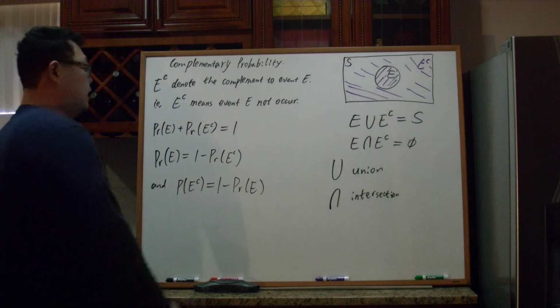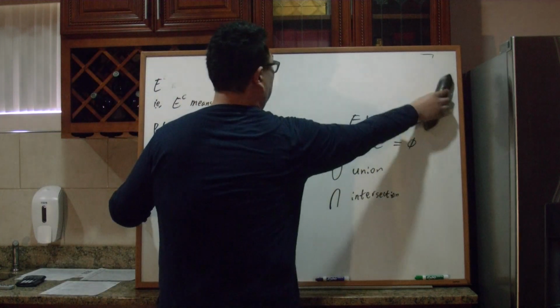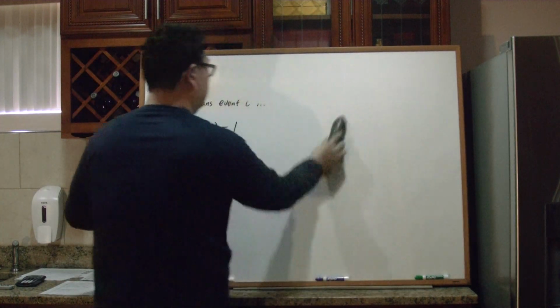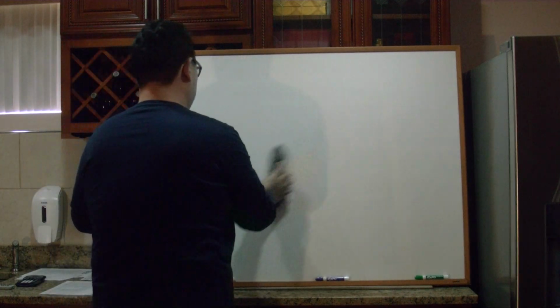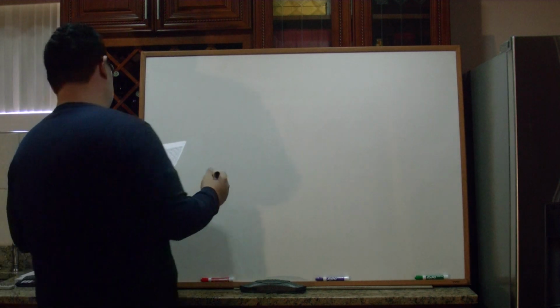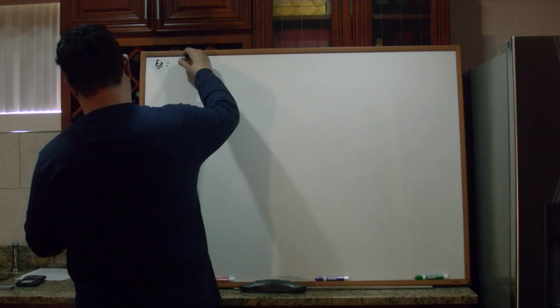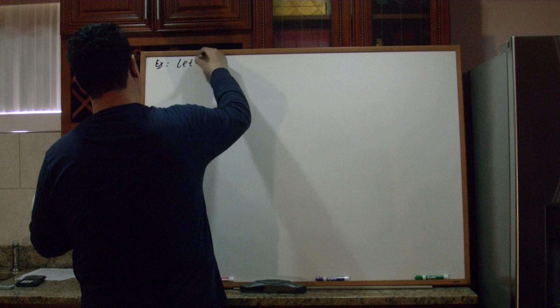Well, let's see some examples. This is an aid to help us find the probability. Sometimes in the question it's not clearly identified which to use, the complementary probability.